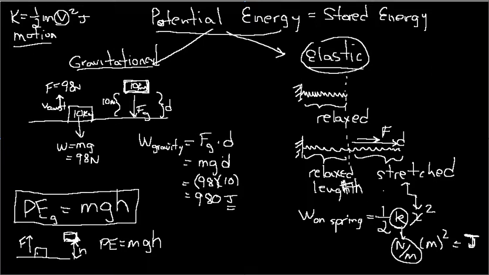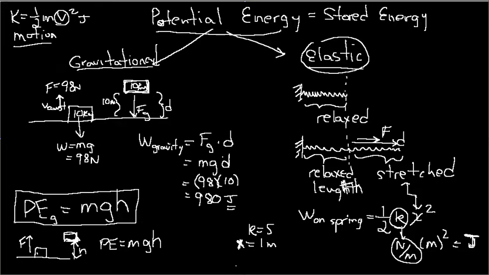Okay, so for example, if we have a spring and I say K for the spring is, let's say, 5, and I stretch the spring, let's say I stretch the spring 1 meter, because I want to make this easy. So X, the length that I'm going to stretch, is 1 meter.